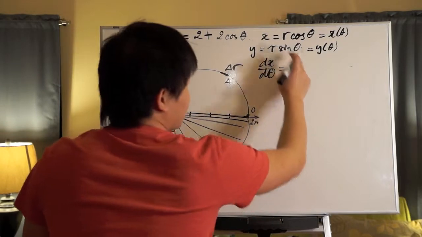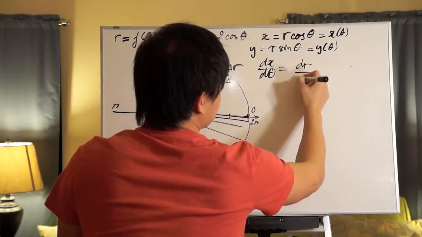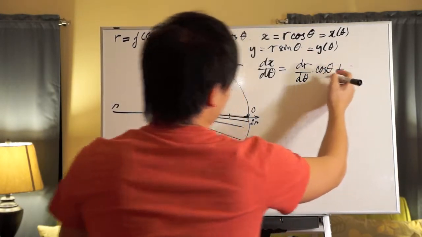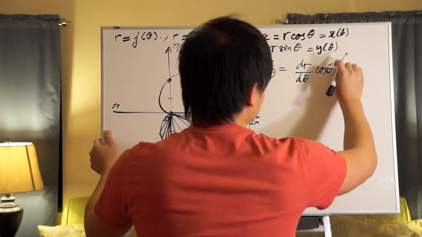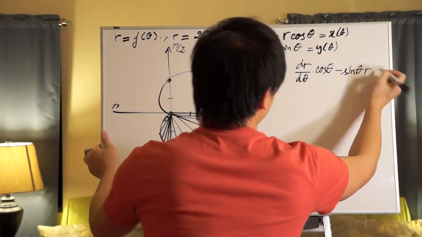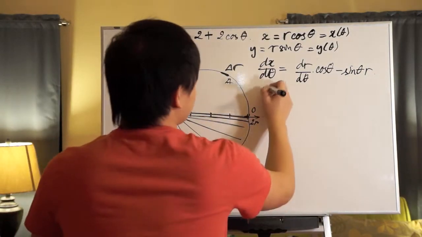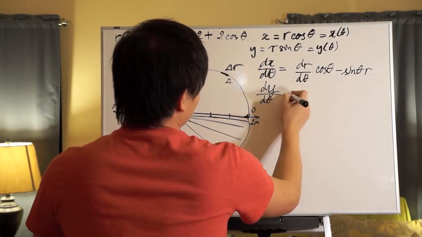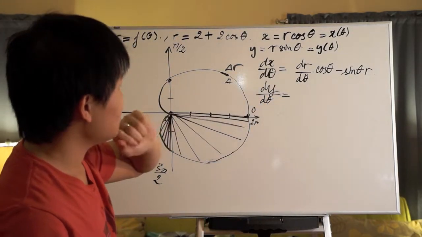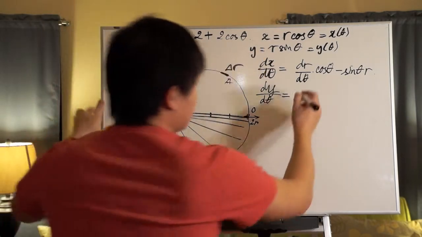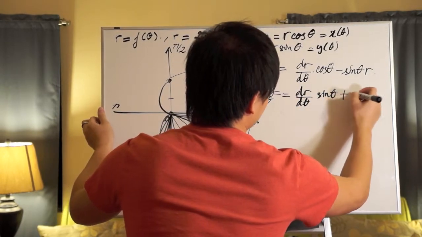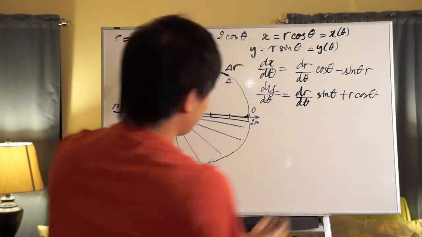Alright, we differentiate r first, which gives dr d theta times cosine theta, plus minus sine theta times r. What about dy d theta? For y equal to r sine theta, we do the product rule: dr d theta times sine theta plus r cosine theta. And we have to square each term.